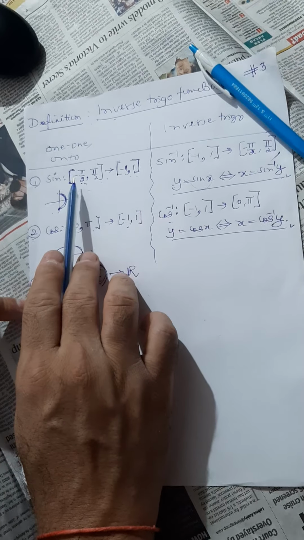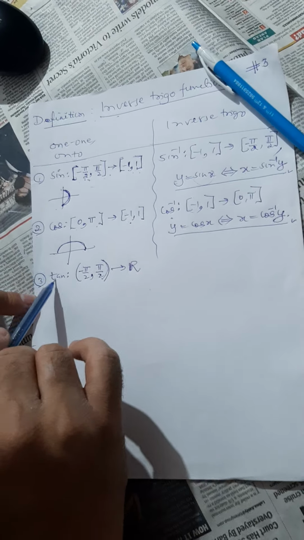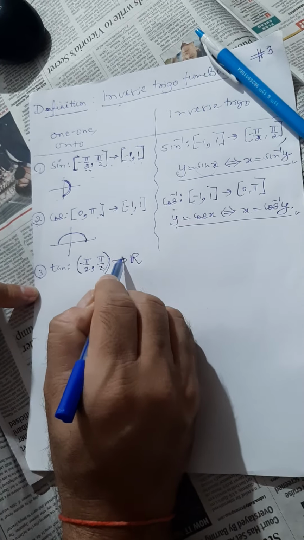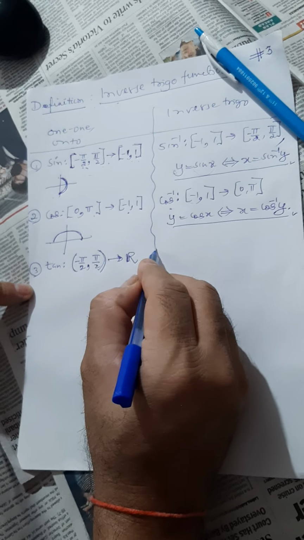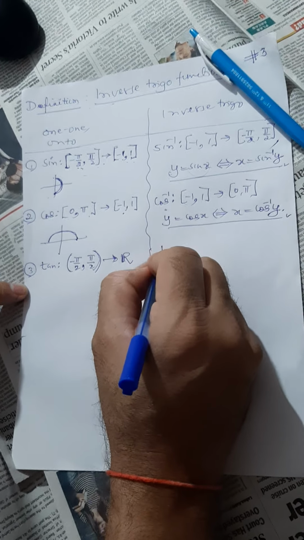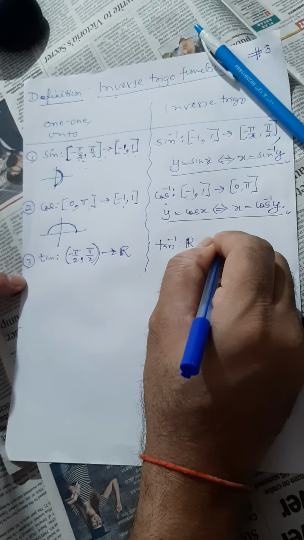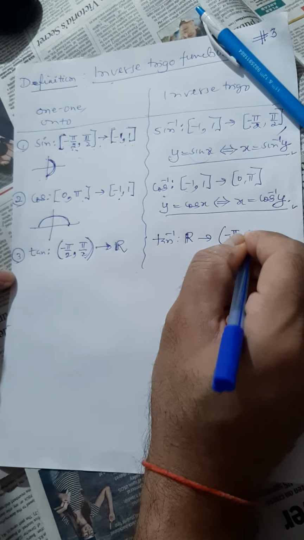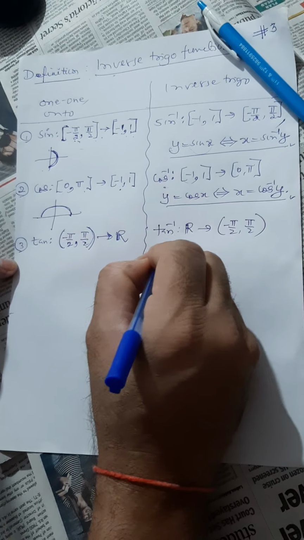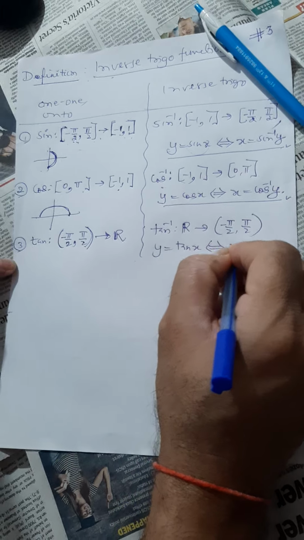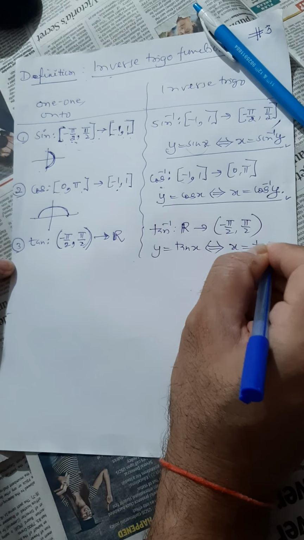At minus pi by 2 tan is again undefined, so here it is the open interval minus pi by 2 to pi by 2, to R. Why R? Because the range is R. So then tan inverse is a function from all real numbers to minus pi by 2 to pi by 2. Then what is the definition? y equals tan x if and only if x equals tan inverse y.